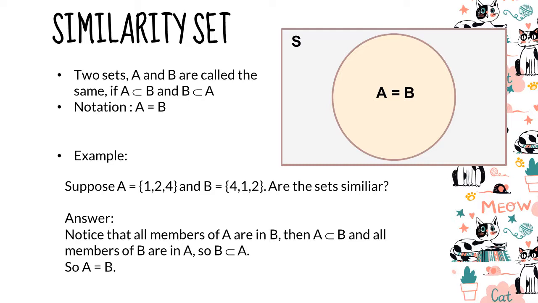Are the sets similar? Answer, notice that all members of A are in B. Then A is a subset of B, and all members of B are in A. So B is a subset of A. So A is equal to B.